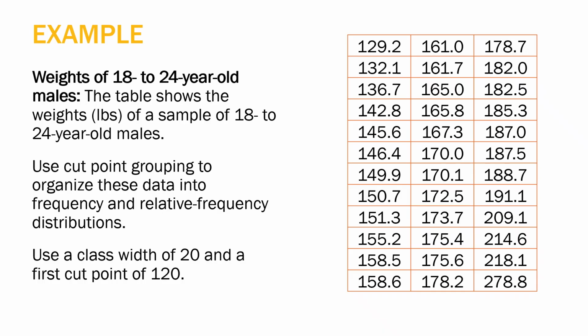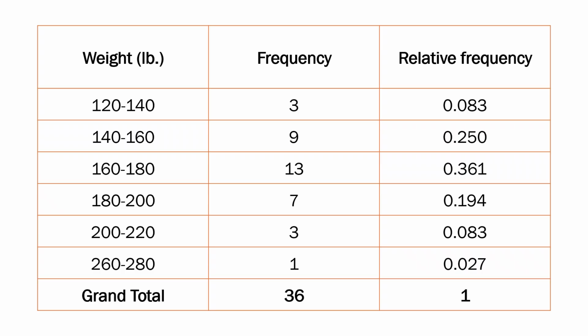Once again, I've taken all of the data here, and you can see that I have arranged it in ascending order. I start from the lowest and go all the way to the highest number. Because we are going to use that first cut point of 120, and we know we have a class width of 20, our first class is going to start at 120, and then it's going to go to 140.